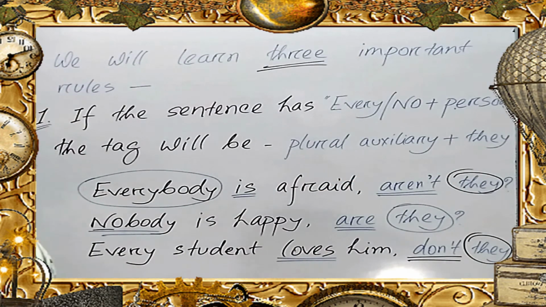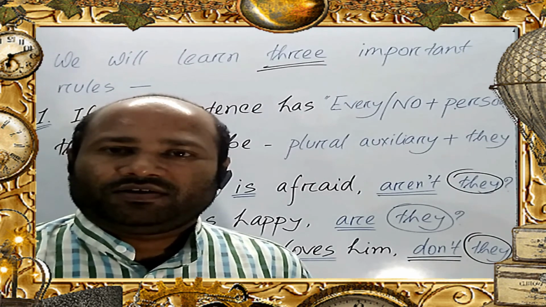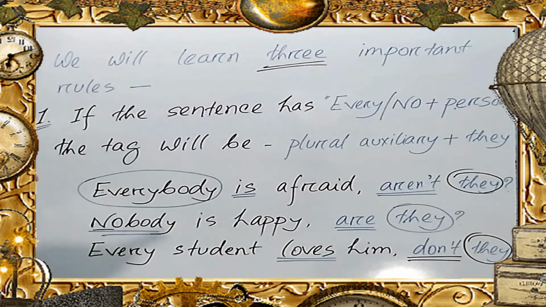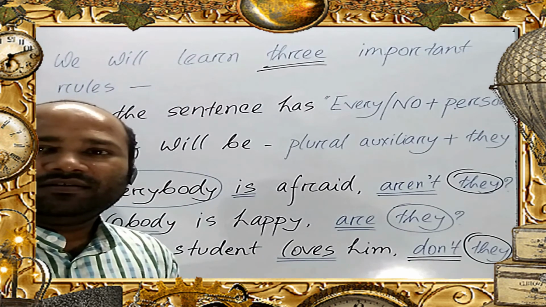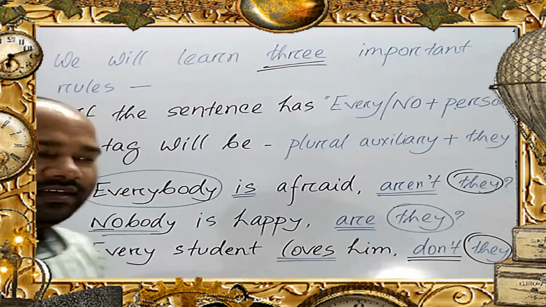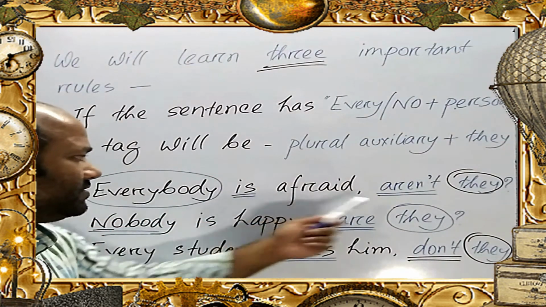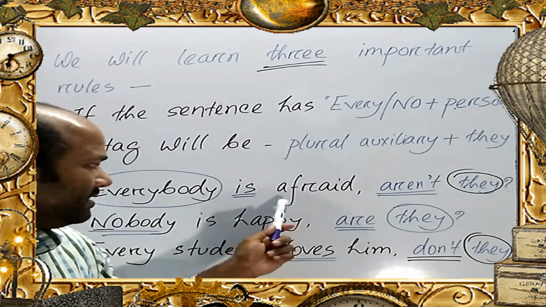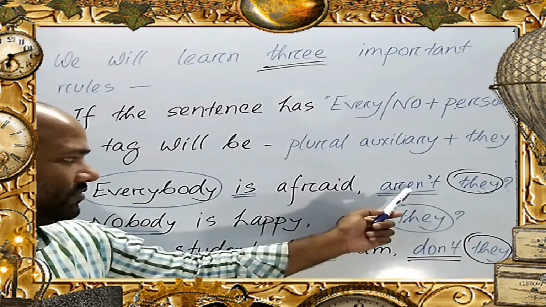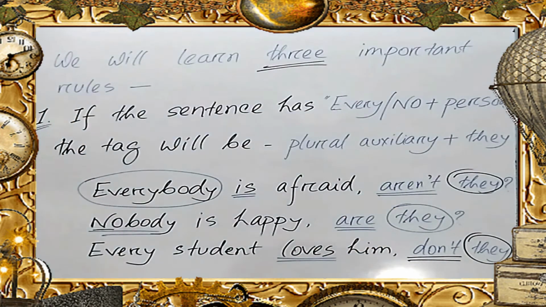As we know, every plus person or every plus object or thing always takes a singular verb, but in respect of tag question you have to make the verb or auxiliary plural, and you have to take pronoun they. Then take the example, everybody is afraid, so aren't they? As there is is, but due to the rule you have to make it plural. Is will become are, and the pronoun will be they.